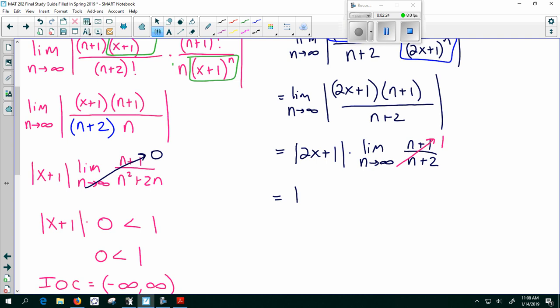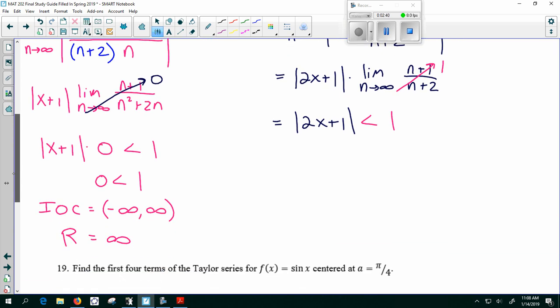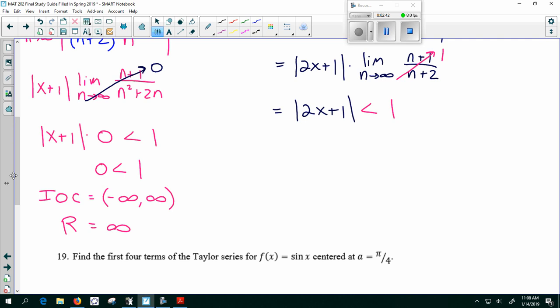So that becomes the absolute value of 2x plus 1 times 1. And then I have to make sure that I only choose x's that will make this limit less than 1. So if you remember how to translate an absolute value inequality, it becomes a sandwich. -1 is less than 2x plus 1 is less than 1.